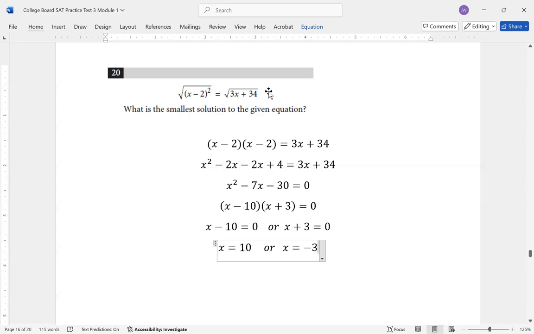Both of them do work. And so since 20 is asking me for the smallest solution, well, the smaller of those two options is the negative 3. So x equals negative 3 is the smallest solution to the given equation. So negative 3 would be the answer to question 20.